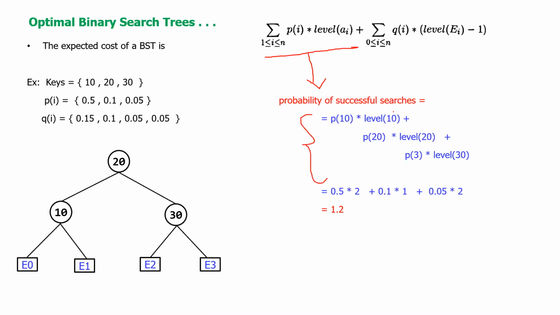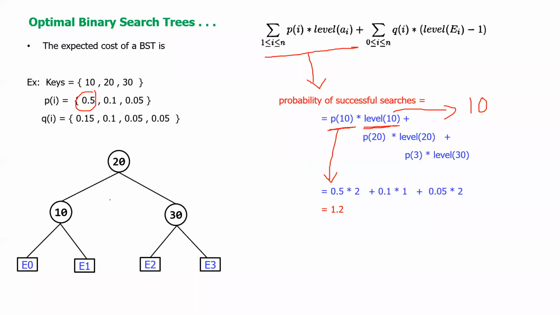For the key 10, you have to multiply its probability and its level. So the probability of 10 into the level of 10. What is the probability of 10? 0.5. So this is the probability of 10. Now, what is the level of 10?